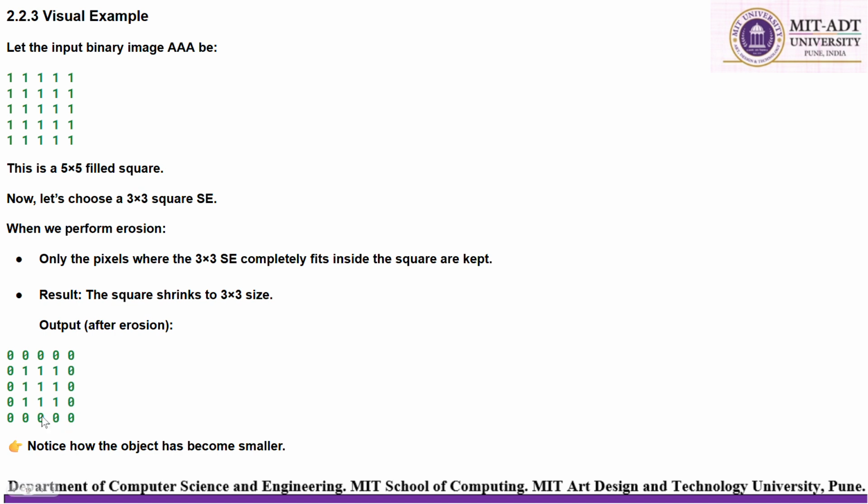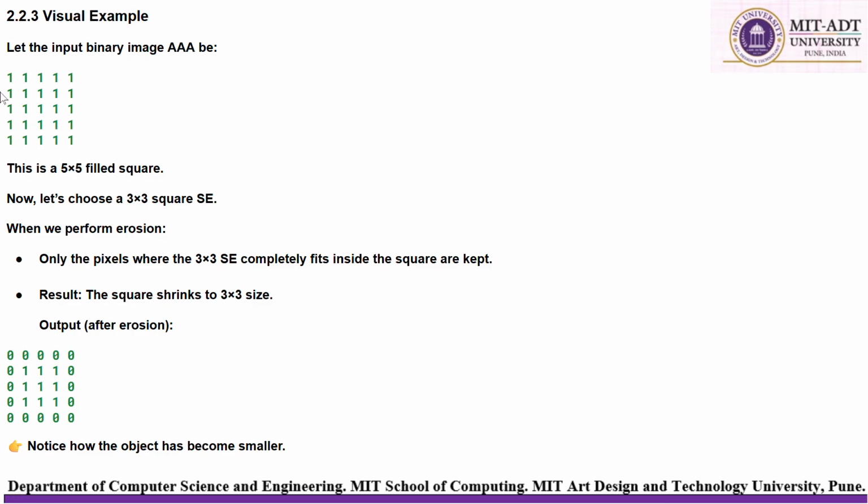Only the central pixel will have the value one, and the rest of the pixels will have the value 0. So this is a kind of shrinking that we have performed on this input 5 by 5 image. You understood how the erosion works?